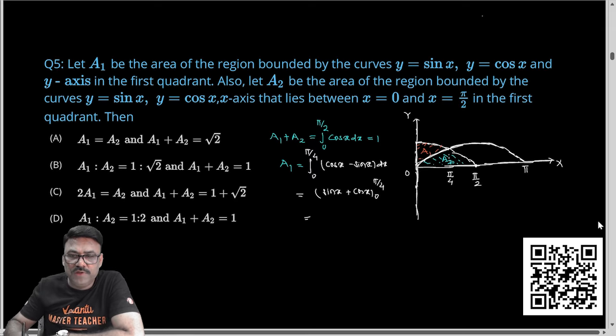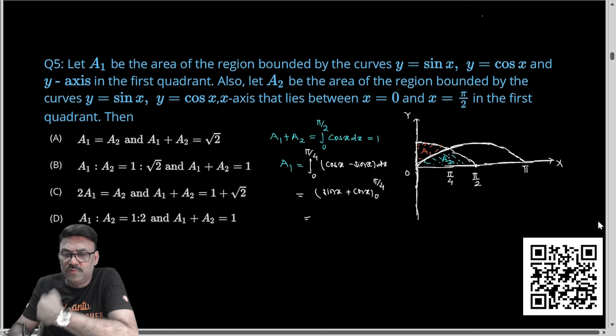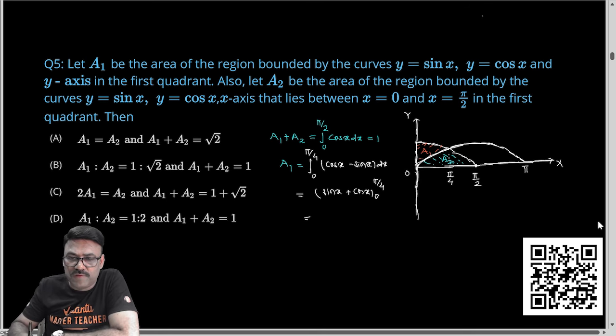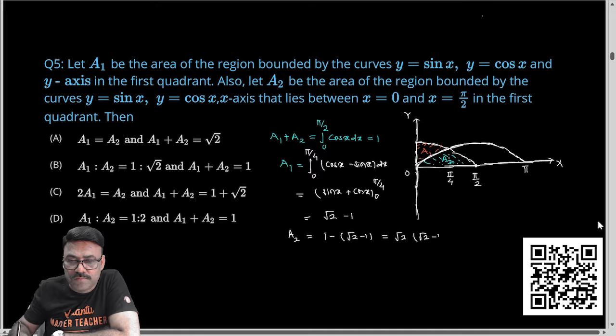Now substitute the limits: sin pi by 4 is 1 by root 2, cos pi by 4 is 1 by root 2, and 1 by root 2 plus 1 by root 2 is root 2. Lower limit gives 1, so A1 is root 2 minus 1. And what will be A2? A2 will be 1 minus A1, which is 2 minus root 2, or you can say root 2 times root 2 minus 1.